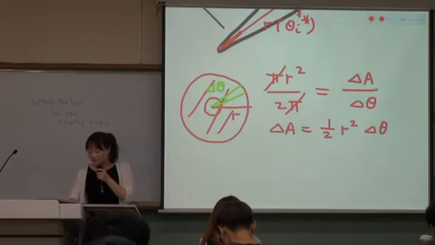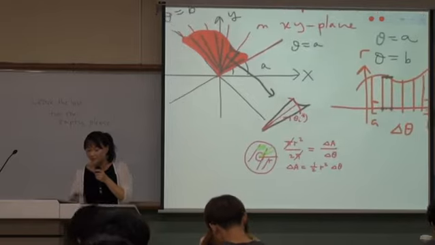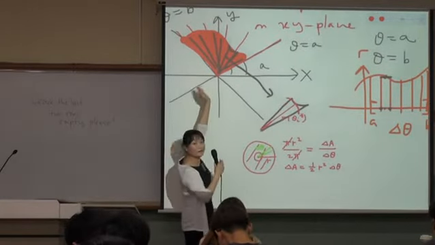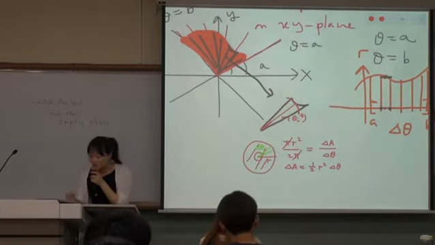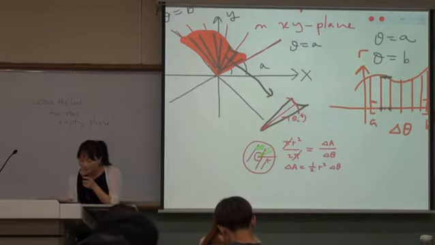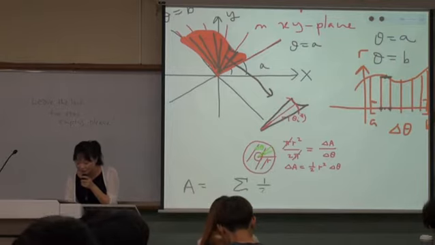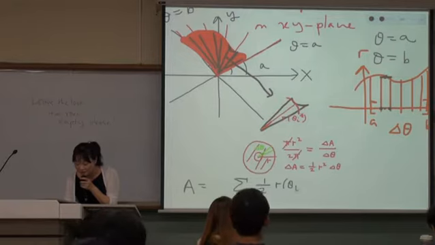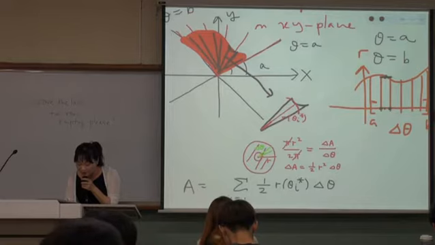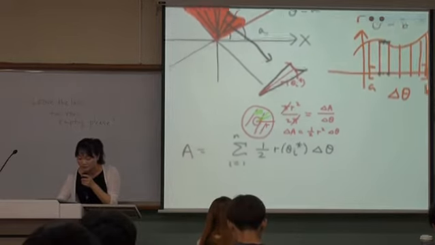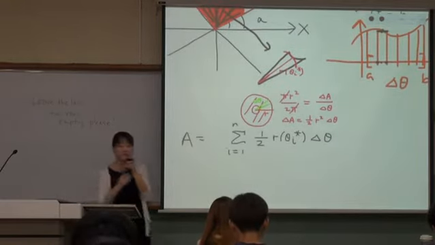Okay, so that is the area of one subsection. Now we'll have to add them up. So the area of the whole thing is, we'll add delta A. Delta A is 1/2 r, r is at a sample angle, delta theta, and then i from 1 to n, depending upon how many subsections I have.